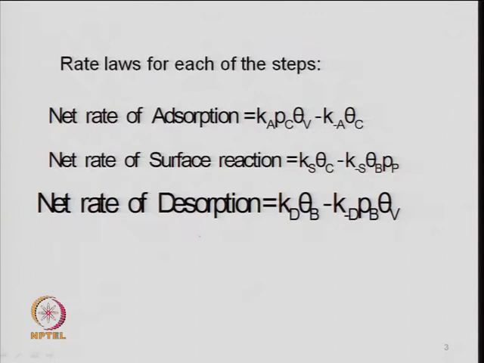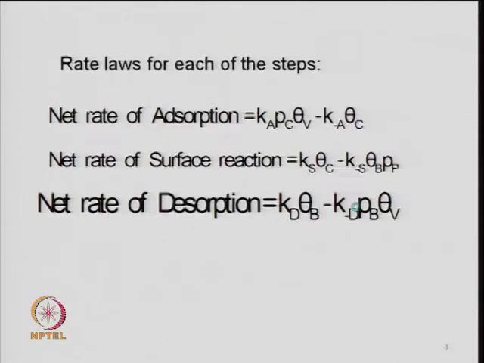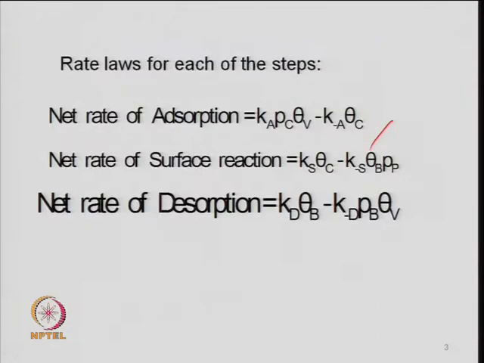So, the expression comes in the form of the adsorbed benzene concentration and the partial pressure of propylene in the gas phase. If the desorption is rate controlling, then the net rate of desorption, that was the third step, will be written based on this, again provided here from this equation. So, B sigma, the forward rate minus the reverse, gives the expression for desorption of the benzene adsorbed on the surface of the catalyst.